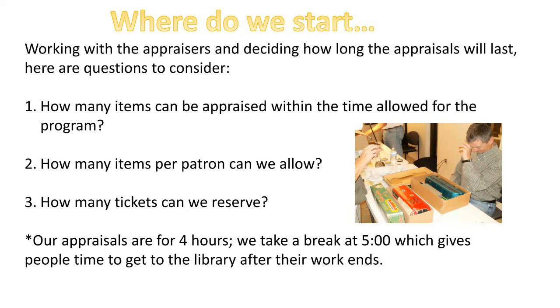But if we do 2 at a time, the next person will be able to step up, and it gives us a little bit of time for people to break in between and not have to sit and wait so long. If I gave my grandmother a ticket to bring something to the antique appraisal, she would probably bring every whatnot she owned in her house. And that would take up all of our time. So we have to set limits on what we're giving them to bring at the time.